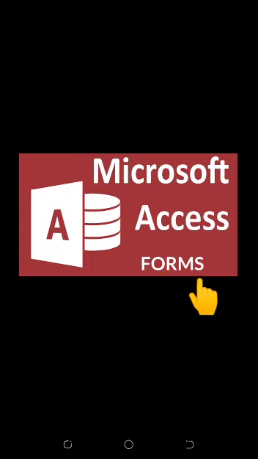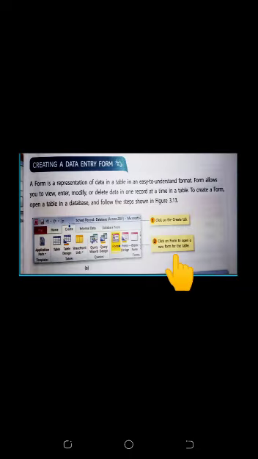Let's do first forms. Forms in MS Access. Let's read the topic. Creating a data entry form. A form is a representation of data in a table in an easy to understand format. A form allows you to view, enter, modify or delete data in one record at a time in a table.